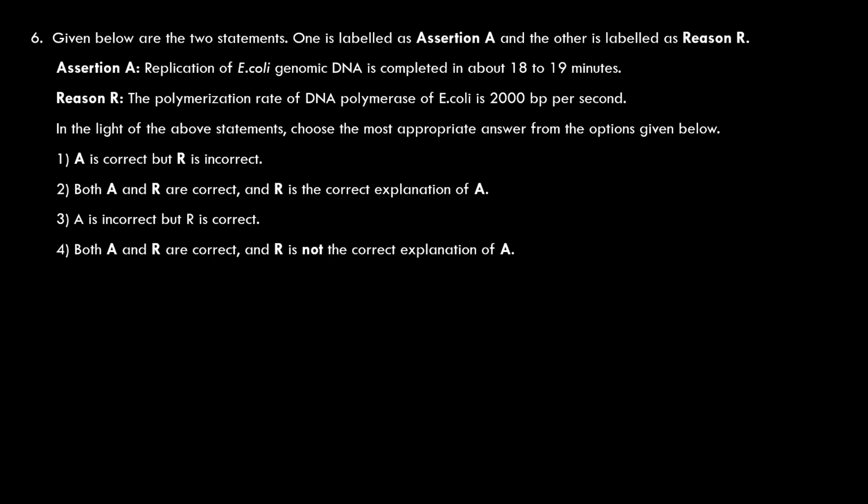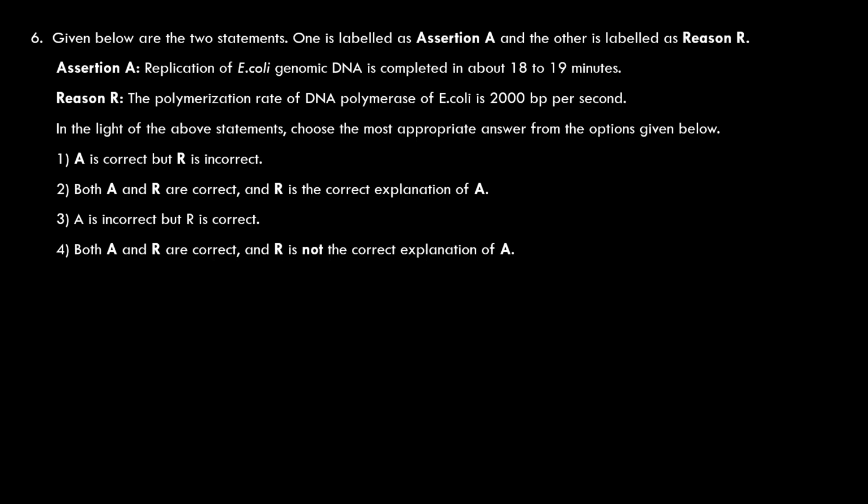In E. coli, only one ori site is present in its genomic DNA. At the ori site, there is formation of one replication bubble. One replication bubble has two replication forks. At each replication fork, one set of enzymes for DNA replication is present.